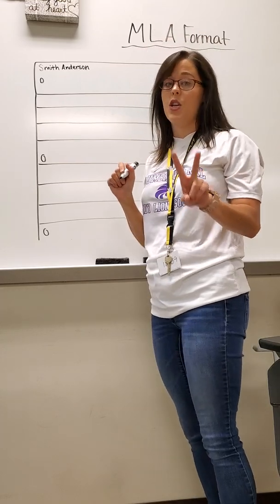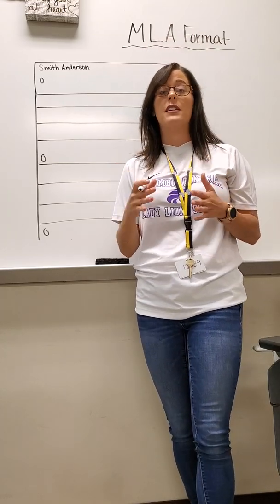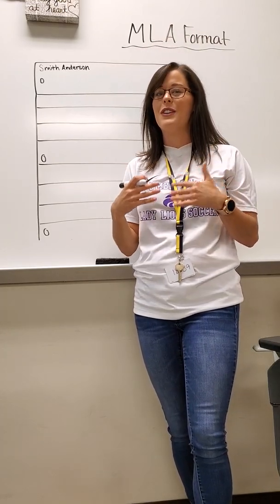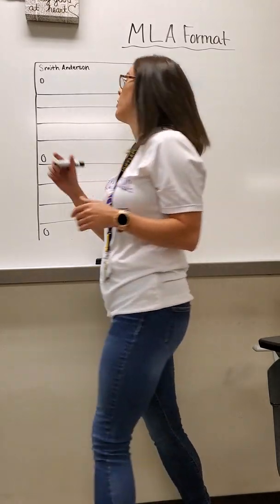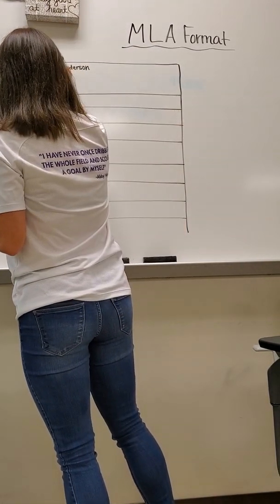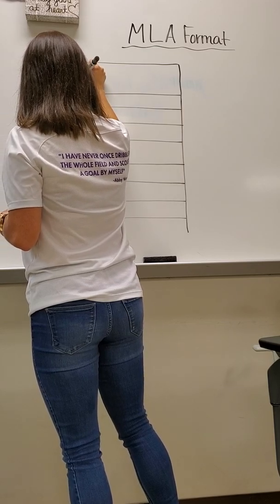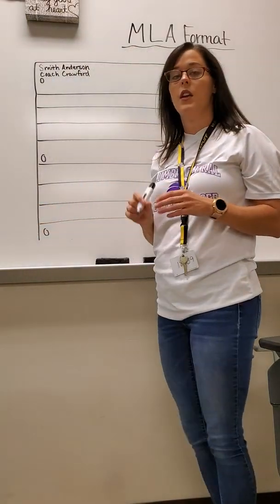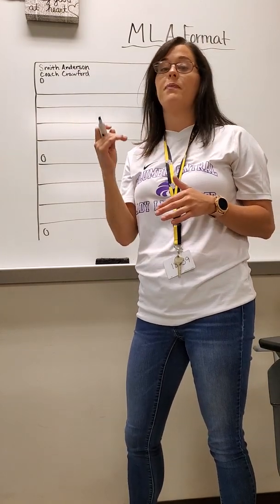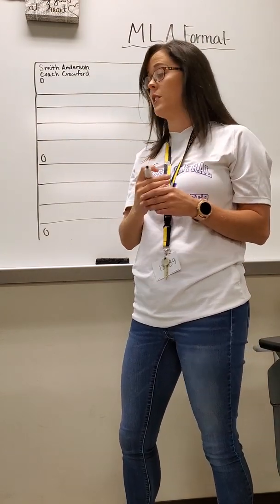The second thing that you need to do is you put your professor's name. Now, I'm not a professor, so you just put Coach Crawford. So far we have your name and your teacher or professor's name.